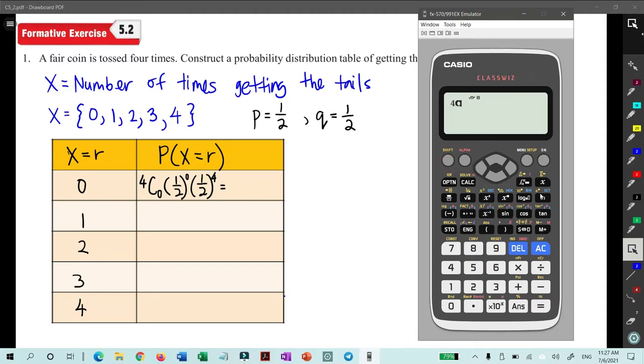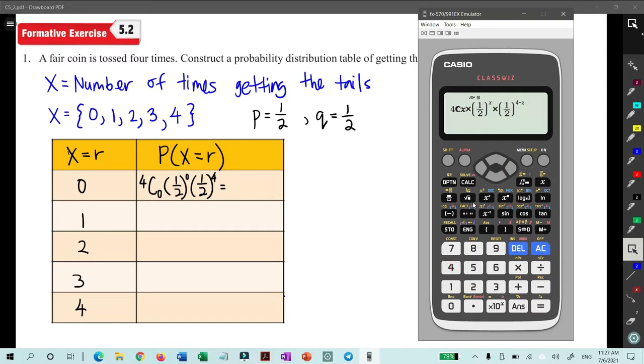I'm going to put an x because we're going to use this formula a number of times. So 4Cx times 1/2 to the power of x, multiplied by 1/2 to the power of 4 minus x.